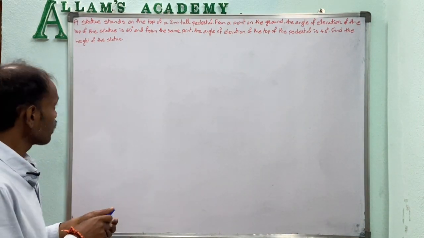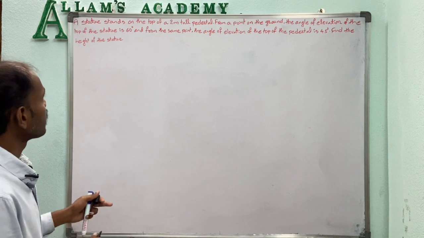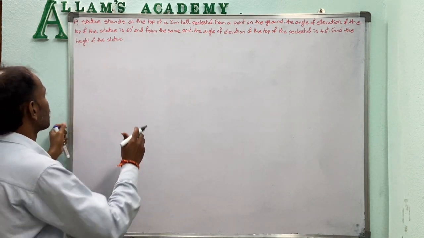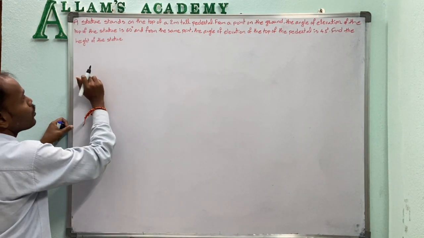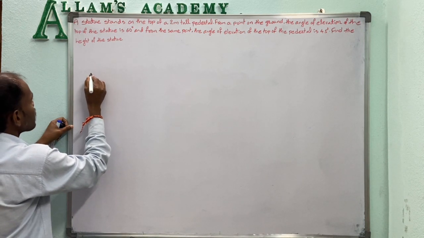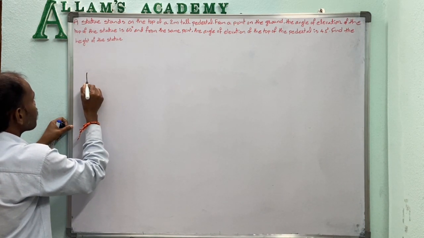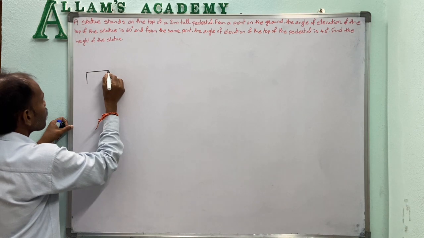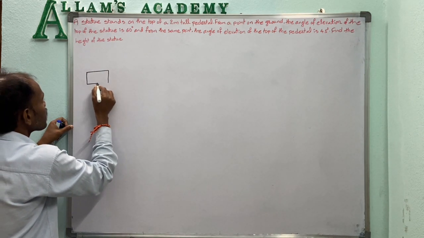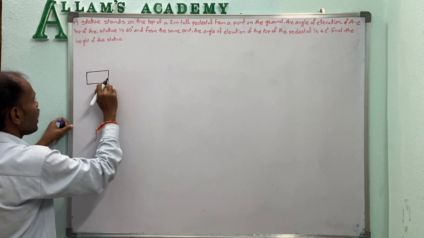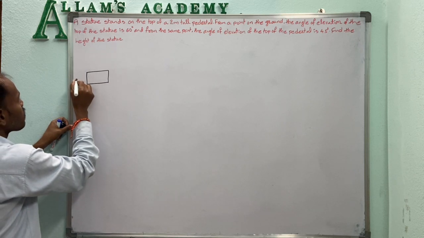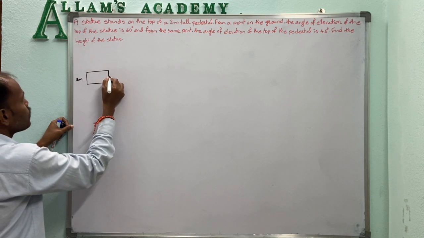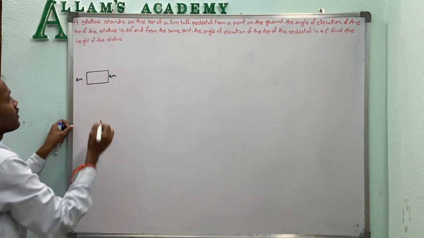Okay. So, for this information, drawing the diagram, a 2 meters tall pedestal there. The pedestal may be in rectangle or square shape. So, it has 2 meters height.